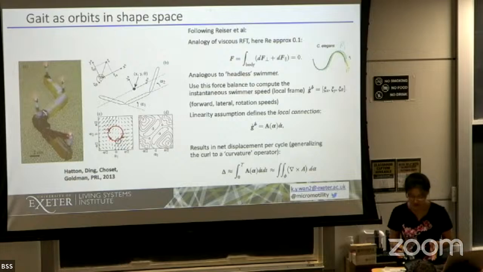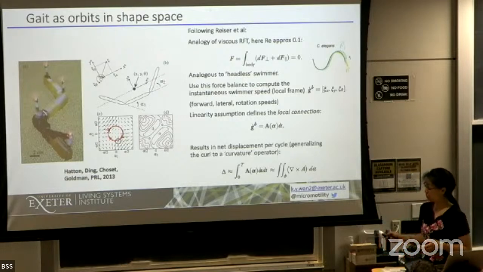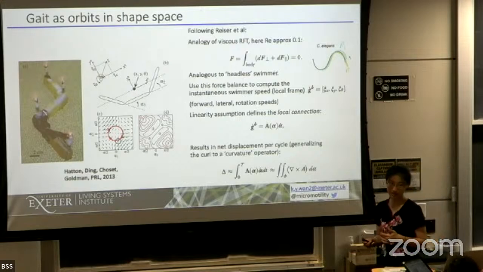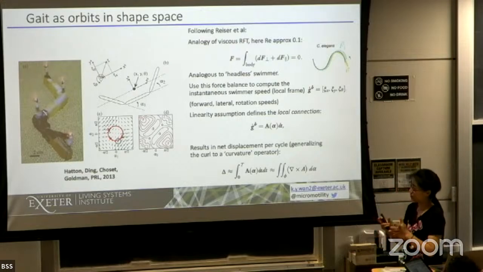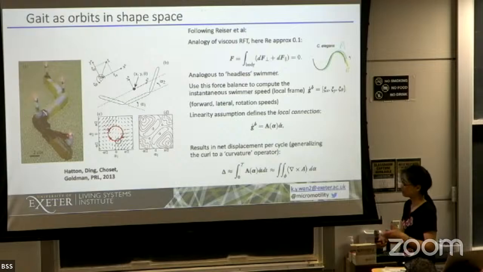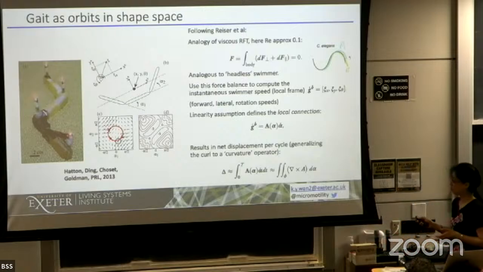But the point is, once you have knowledge of how this object deforms, so what is its forward speed, lateral speed, so x dot and y dot, as well as the speed of rotation, you can assume, using this sort of infinitesimal deformation argument, that this quantity can be expressed as a linear combination of the underlying shape space that we constructed previously.